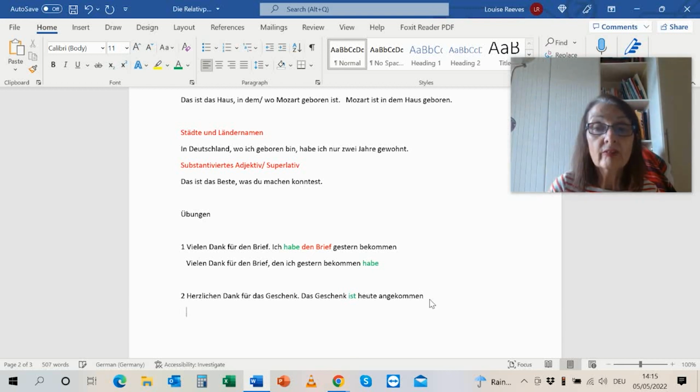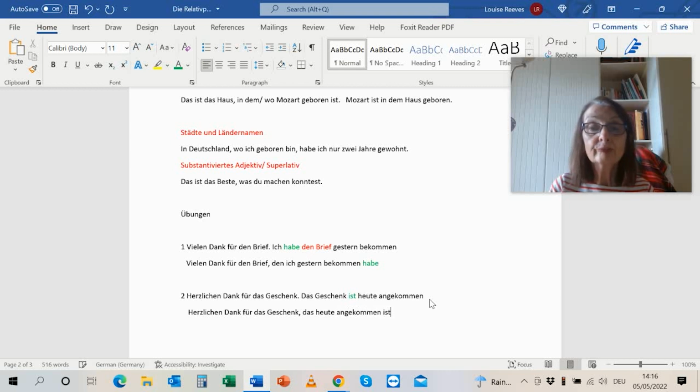So here we are. What's this one? Herzlichen Dank für das Geschenk, das heute angekommen ist. I'm referring to das Geschenk again, and ist das heute angekommen ist. It's the subject of the sentence, has to be nominative.